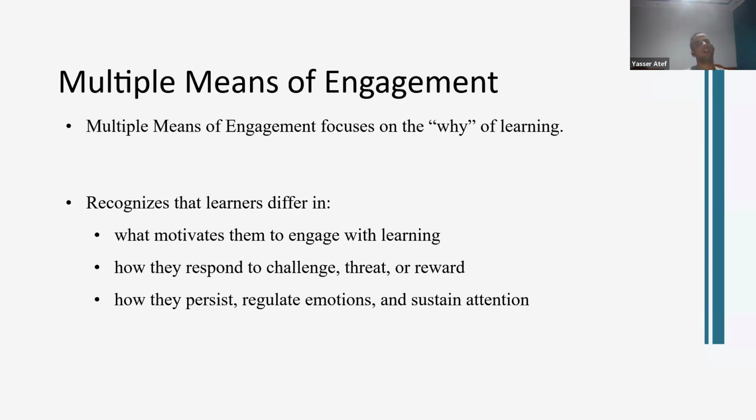I've done a lot of assignments, I've been in a lot of classrooms, I've done a lot of tests, and I never understood why we were meant to learn that. This principle recognizes that learners differ in what motivates them to engage with learning. It also addresses how they respond to challenge or threat or even reward.